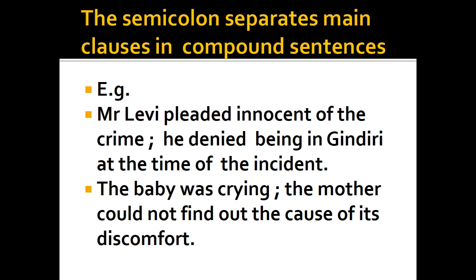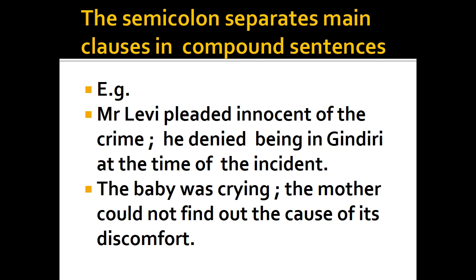Compound sentences contain two or more main clauses joined together by a coordinating conjunction. So the use of the semicolon in this case is that where this conjunction is missing or omitted, we can use the semicolon. You can see this in the following sentences.